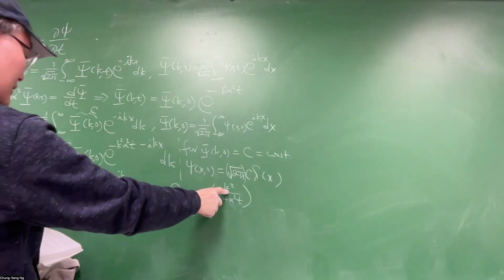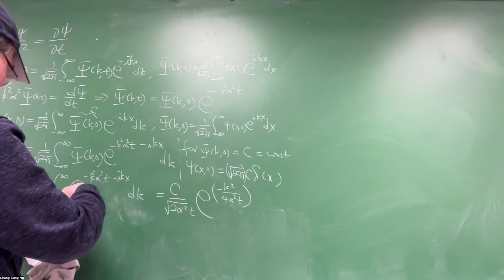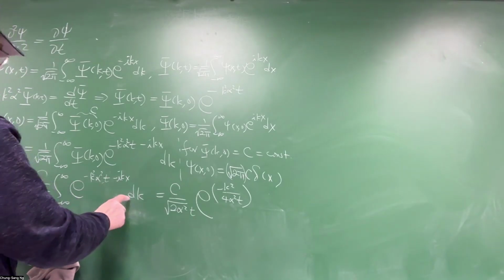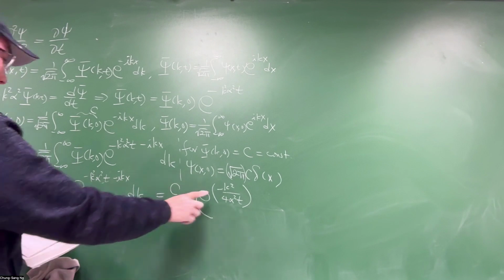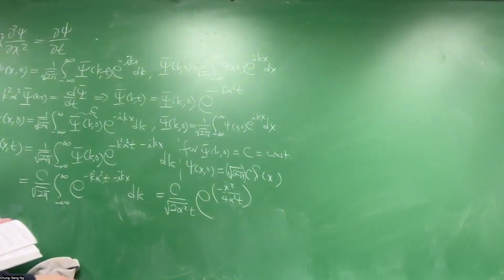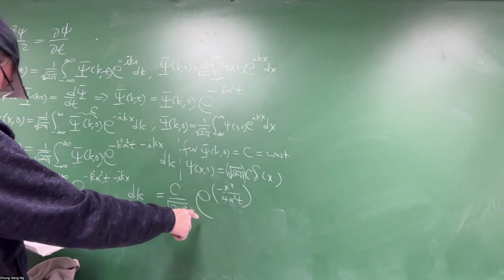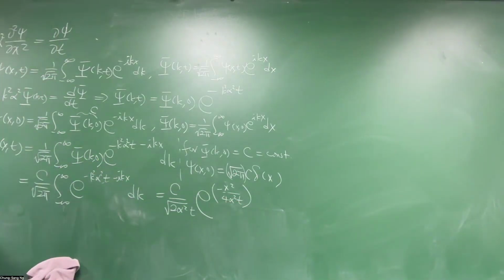Well, it's not k. This is the transform. I'm applying the Fourier transform formula to the inverse transform, so this becomes x. Right? So it's x squared over 4 alpha squared t. Yeah. So that's the final solution.